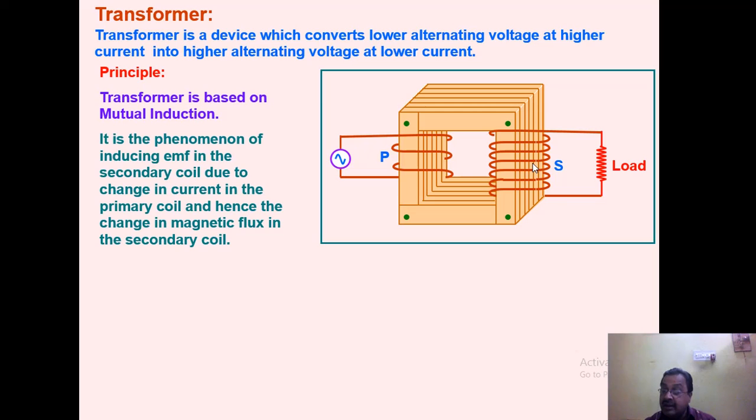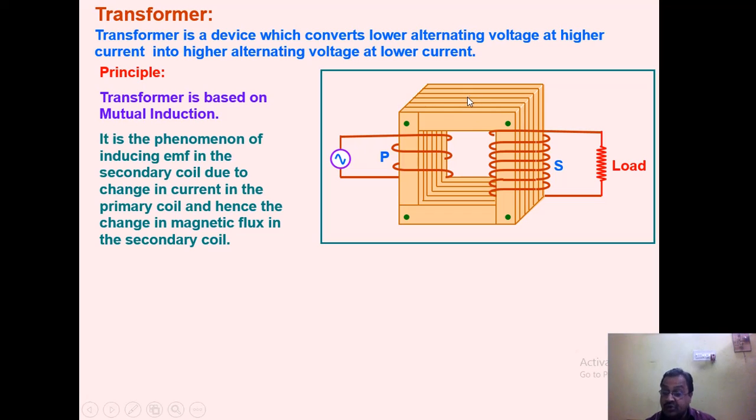And again, generally the core of the transformer is made up of soft iron. Generally this soft iron core is in the form of laminations. Here you see in the figure how it is in the form of laminations, different layers, one layer, one lamination, second, third, fourth, fifth, sixth, and so on.